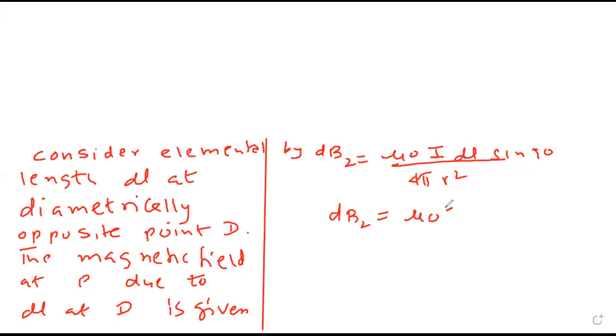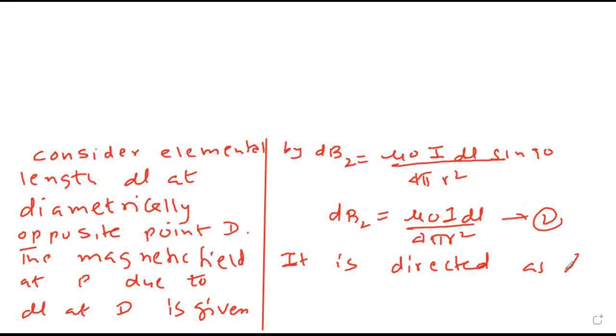So dB2 is mu naught I dl upon 4 pi R square. It is directed as shown.